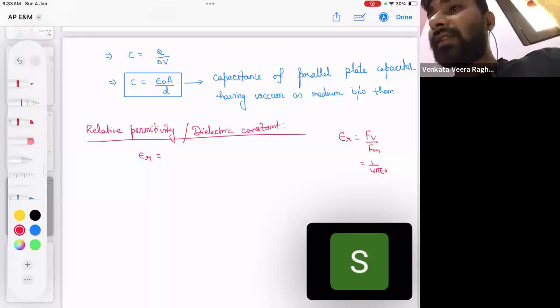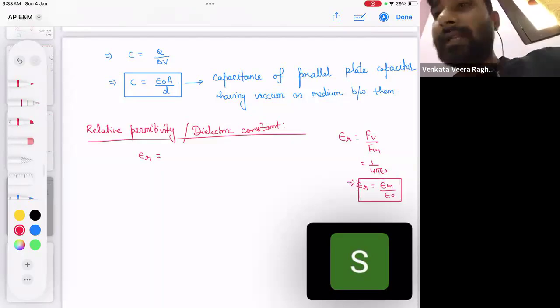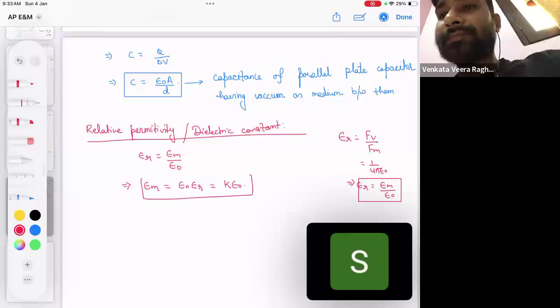So can I say epsilon R is nothing but epsilon of medium by epsilon naught? Clear? So epsilon R is epsilon of medium by epsilon naught. That's why epsilon of a medium is epsilon naught epsilon R, or you can also call it K into epsilon naught.